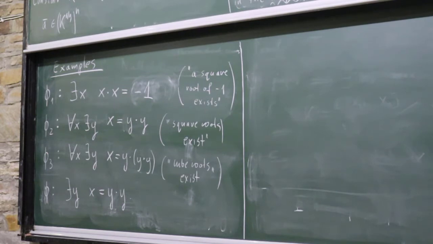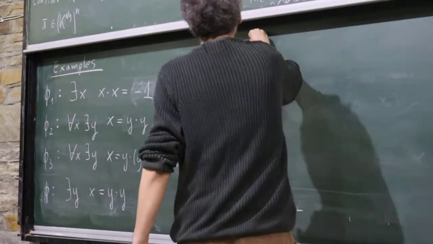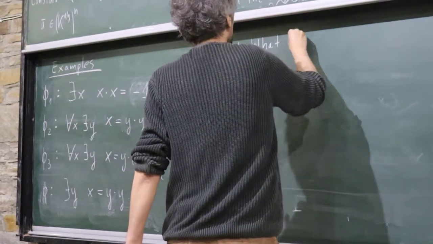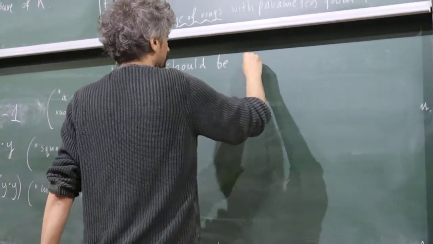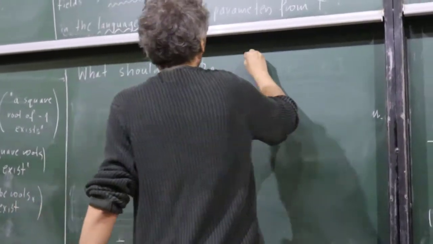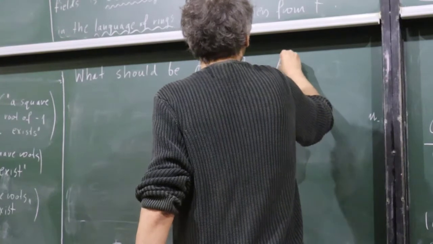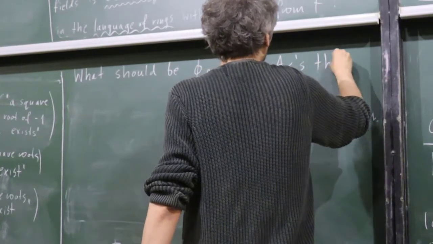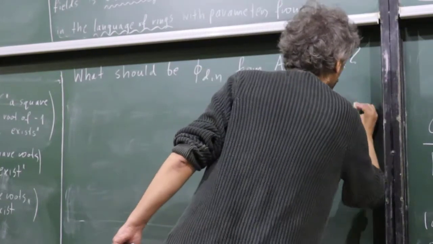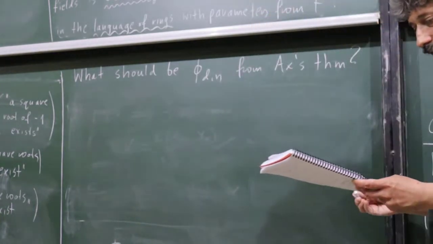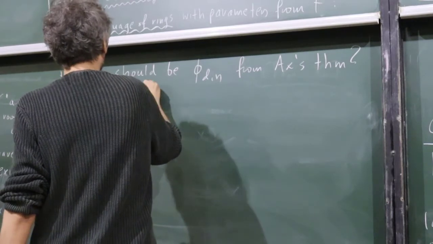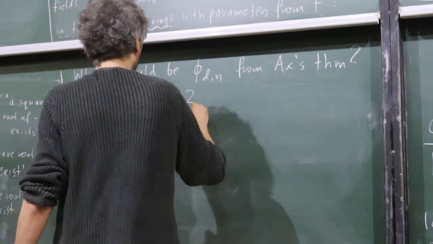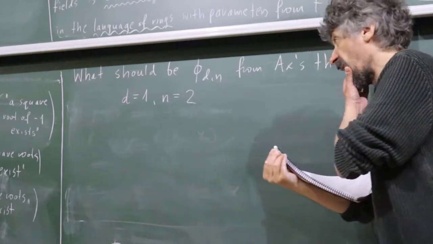So now, let us try to guess what should be the sentence from the Ax theorem. Let's do it for degree 1 and 2 variables.